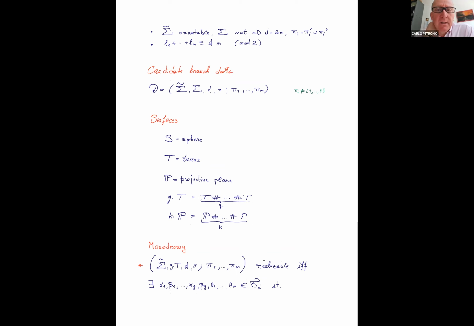So it's easy to see that the degree must be even, and every partition is a juxtaposition of two partitions of half of D. And so this is absolutely obvious. And then there's an extra condition, which is only non-obvious in the case where both are non-orientable, and it's that the total length of the partitions should have the same parity as D times n.